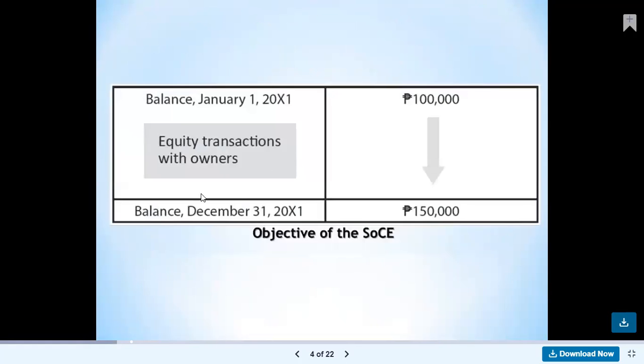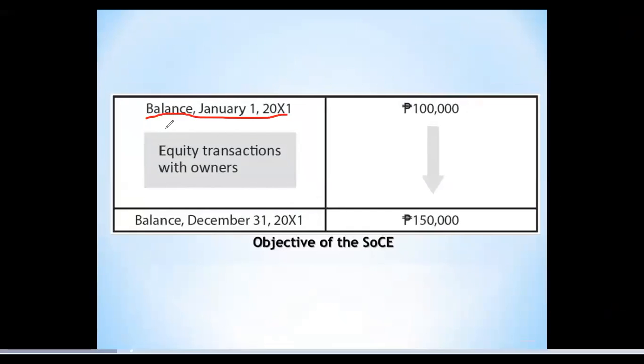So as you can see here, this is the objective of the statement of changes in equity. We have the balance as of January 1, then we have the equity transactions with the owners, and then we have the balance for the year ended December 31.